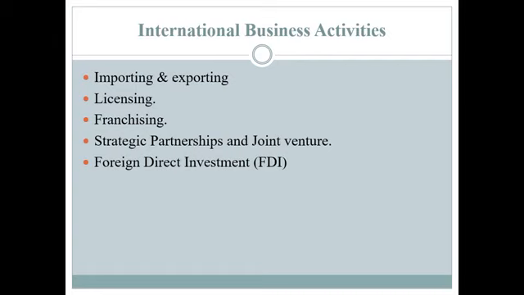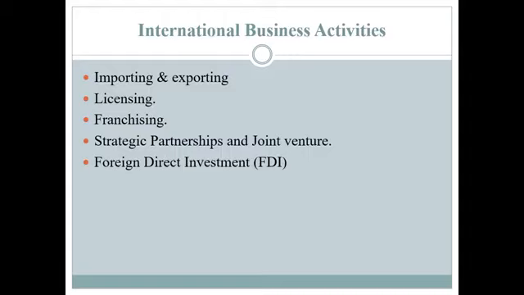Import means a good or service is brought into one's country from another country. So what is import? Whenever you purchase or bring goods or services into our country from another country, that activity is included in import.